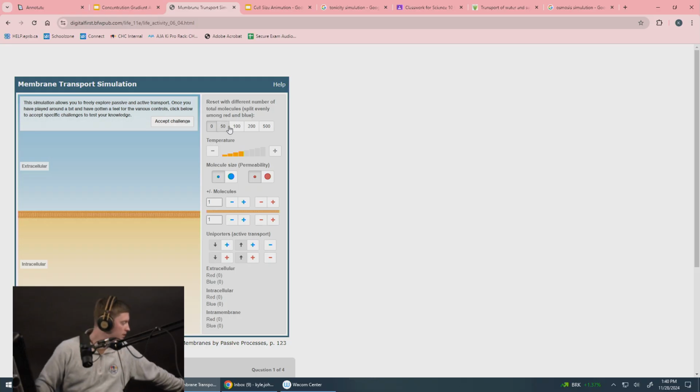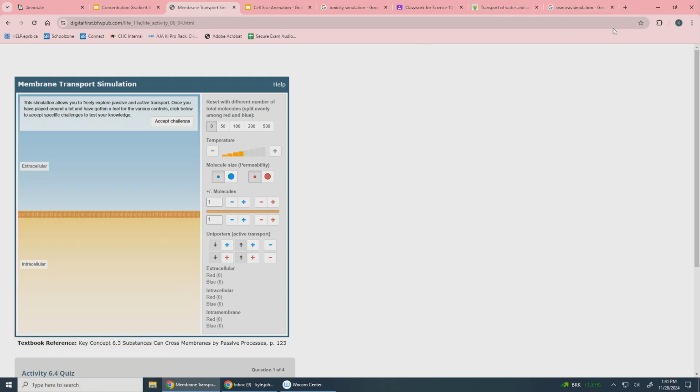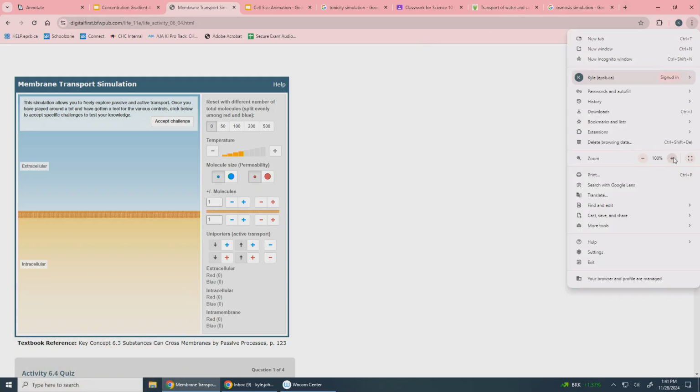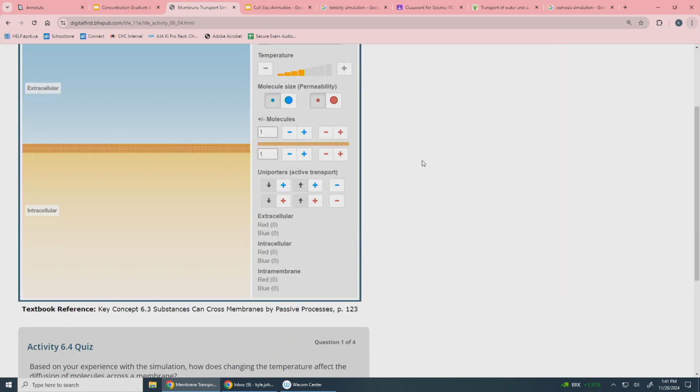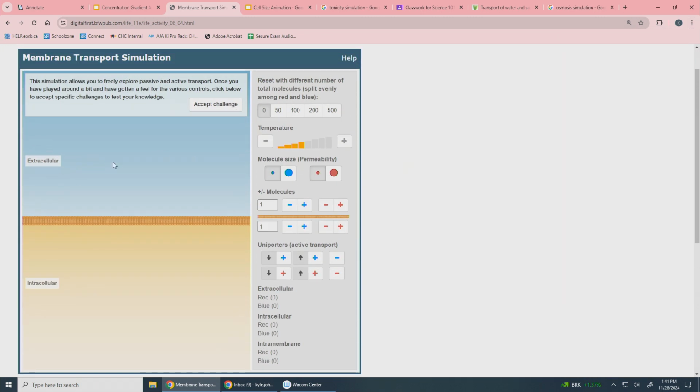Here's a membrane transport simulation. Let's see if I can zoom in a little bit. Okay. Here's our extracellular space on the top. Here is our cytoplasm, our intracellular space. We're going to add a whole bunch of molecules, blue molecules, to either side. I will just add them to the outside.